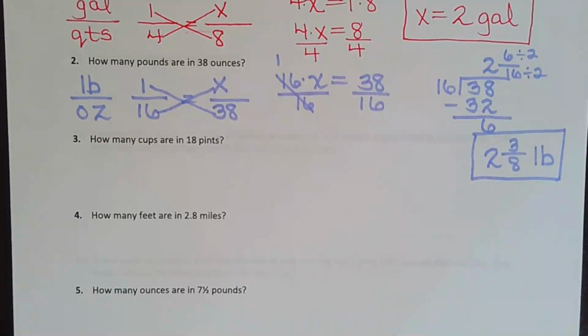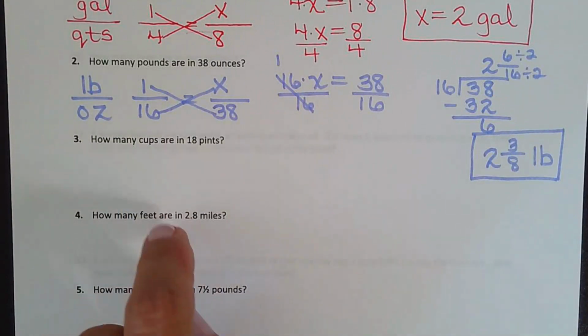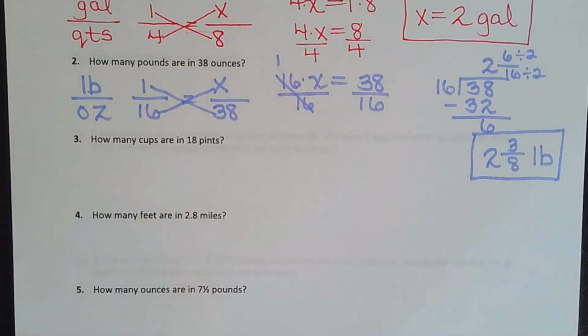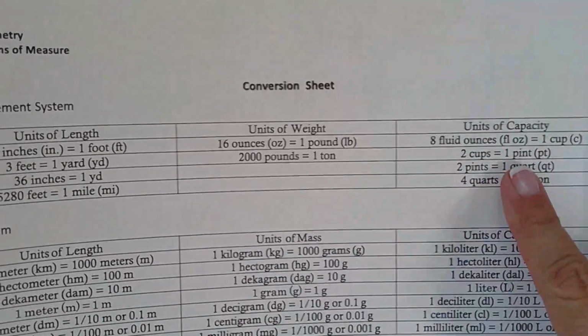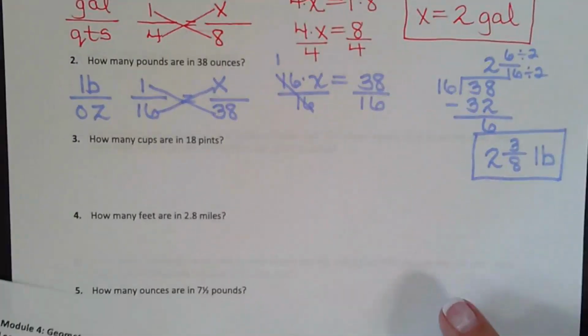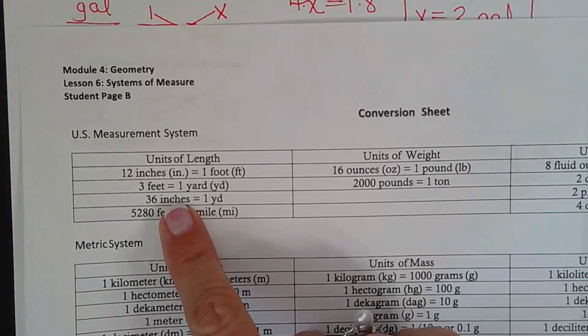Okay, so I think, let's see, this one's a little bit tough. So I think these two are both pretty easy. So why don't you guys shut off your video and try 3 and 4 on your own. So cups and pints are going to be under capacity, and the other one is feet and miles, which will be under length.